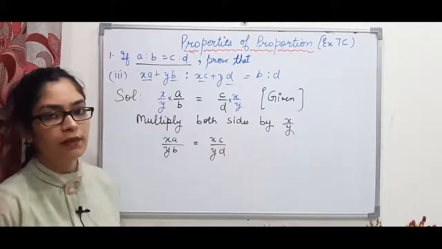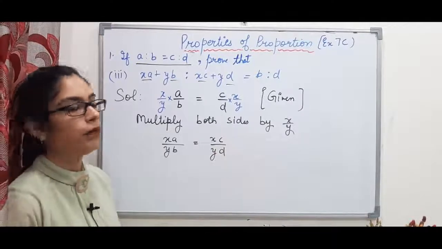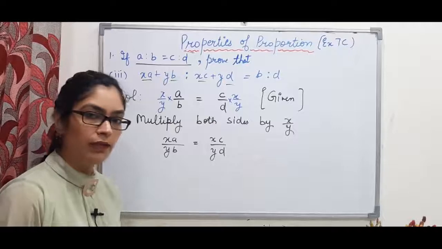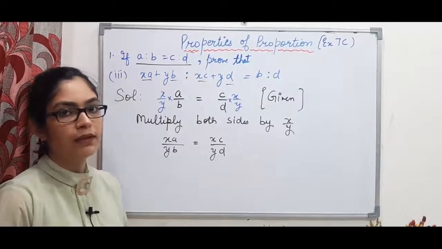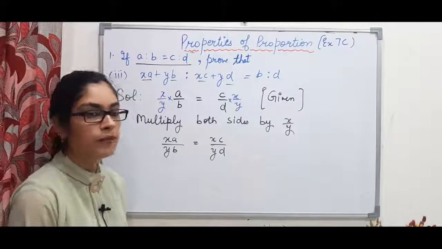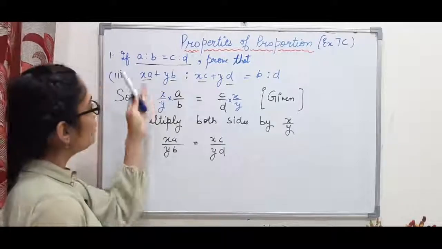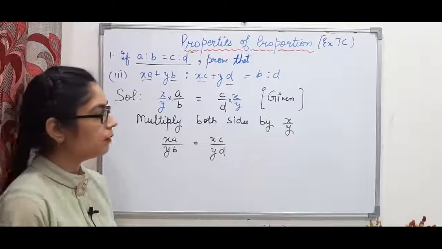Now which property can we use here? We cannot use componendo and dividendo here, because here only the plus thing is required. In componendo and dividendo we have plus terms and also minus terms: a plus b is there and a minus b is also there. So here we have to see which property we can apply. Only plus terms are there in which property? I am sure you remember.